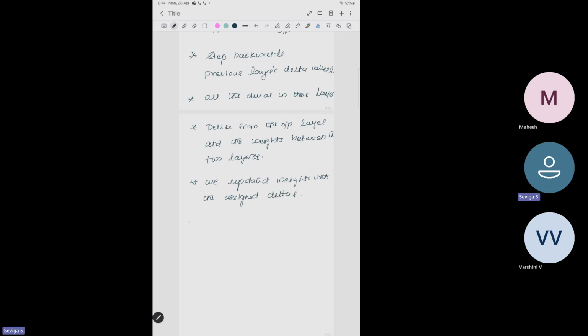Using the delta and the neuron's output, we computed the adjustment to every weight.